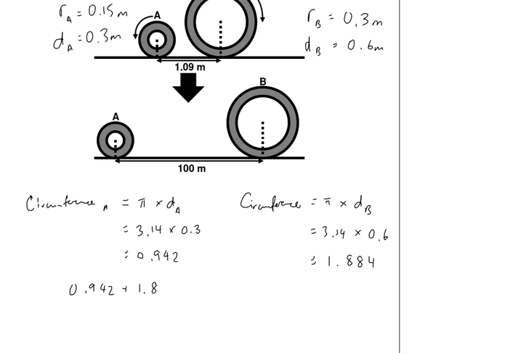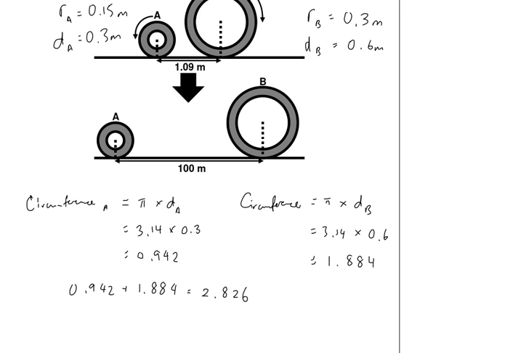So at first they are 1.09 meters apart, right? But after both make one complete turn, it will be 1.09 plus 2.826, right? Correct? Yes. So how many times must I add my 2.826 so that eventually both of them will be 100 meters apart?